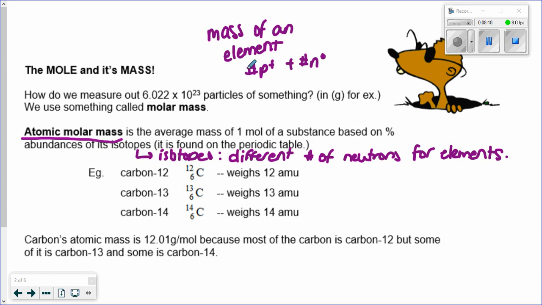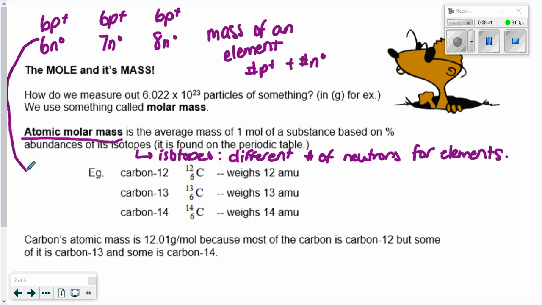If you're talking about atomic number 6, that's carbon. It's always going to have 6 protons, but we can have different numbers of neutrons. So we can have carbon with 6 protons and 6 neutrons, carbon with 6 protons and 7 neutrons, and carbon with 6 protons and 8 neutrons. These are all isotopes of carbon.